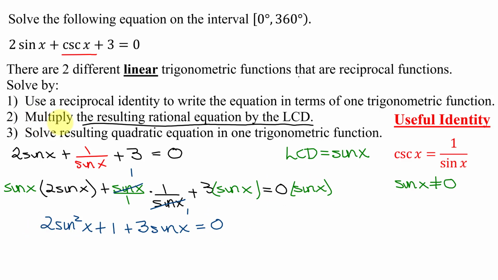So now I've finished step 2, and I have a quadratic equation just in sine x. I'm going to write it in descending order. So I have 2 sine squared x plus 3 sine x plus 1 equals 0. So now I have to solve this equation. I need more room, so I'm going on to the next slide.